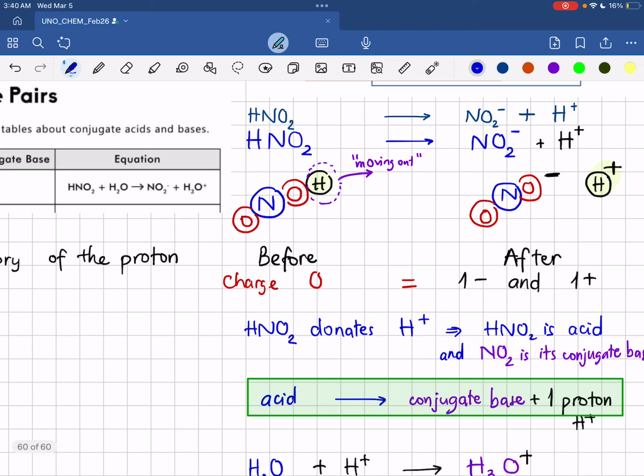We can see it another way, let me write it again here: the nitrous acid is donating one proton, which means it's losing one proton. So now in the structure, there's no hydrogen anymore, right? And also the charge has become negative.